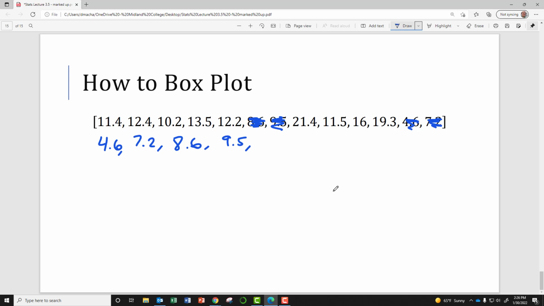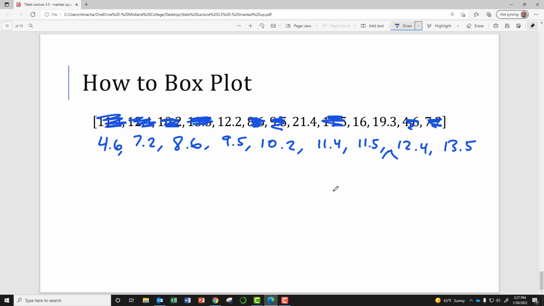And then I have 10.2. And then I have 11.4 and 11.5. Then it looks like 12.4, 13.5, and I forgot 12.2.